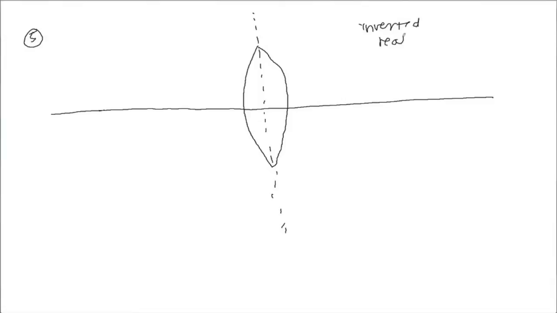And then an object is 15 centimeters from the convex lens, and the focal length is 10. So you would expect it to be inverted, real and magnified.